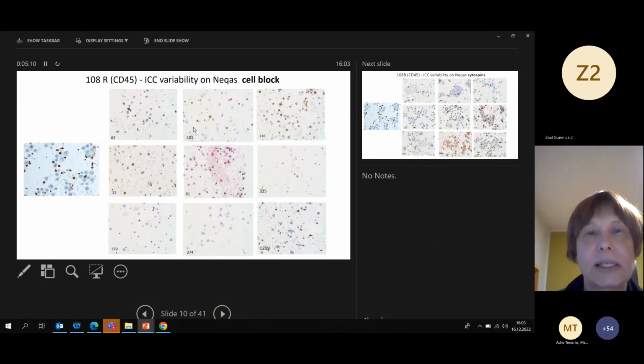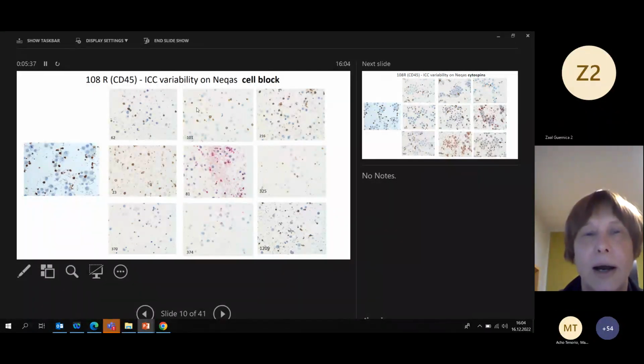And here you can see results received from different laboratories on the NEQAS cell block. This is for CD45, and here is the reference or gold standard example. And I hope that you agree with me that there is great variability in the quality of ICC between different laboratories.